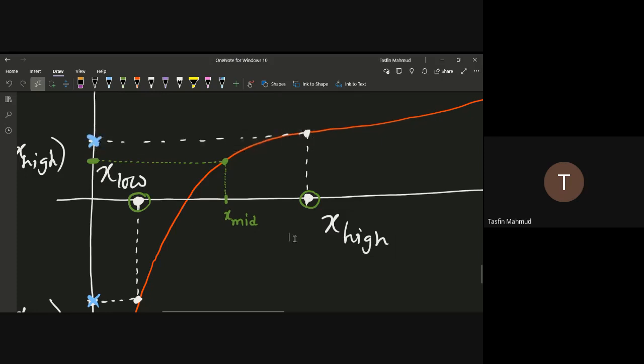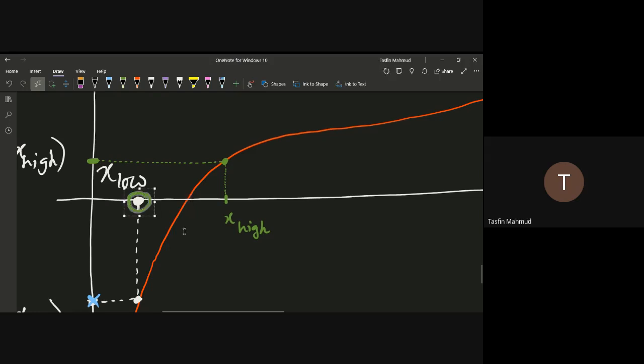So we will forget this x high. I'm going to delete this, and we will define this x mid as our new x high. We will repeat this over and over again and we will reach the solution after some iterations.